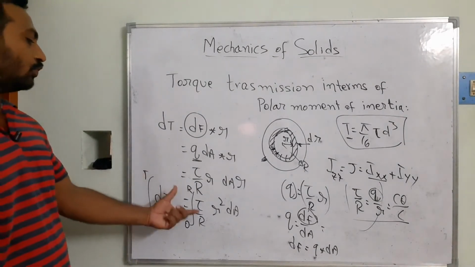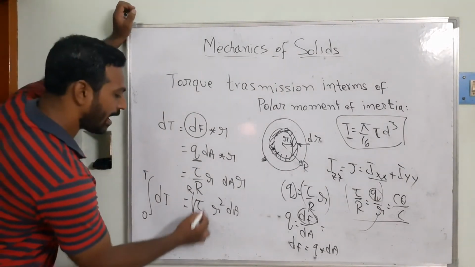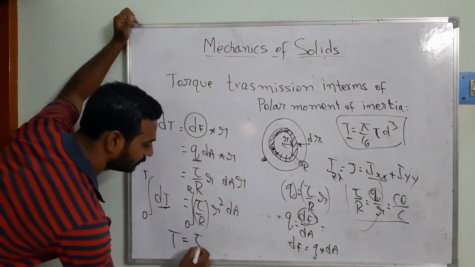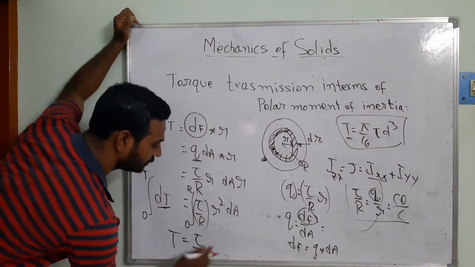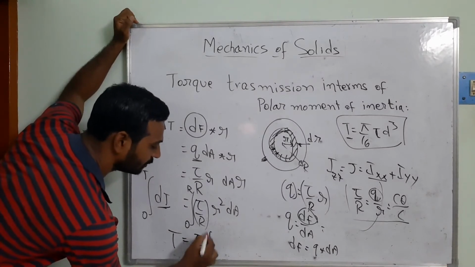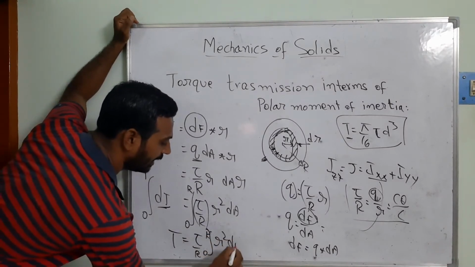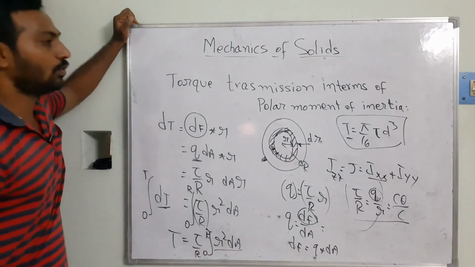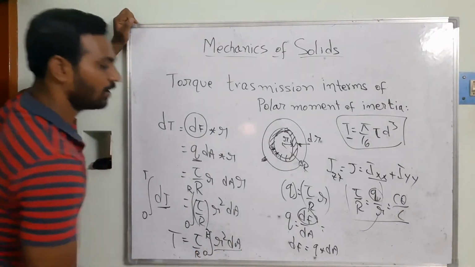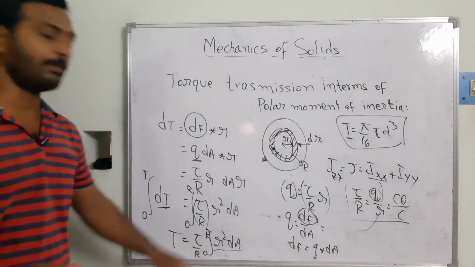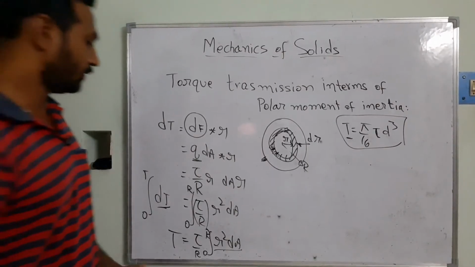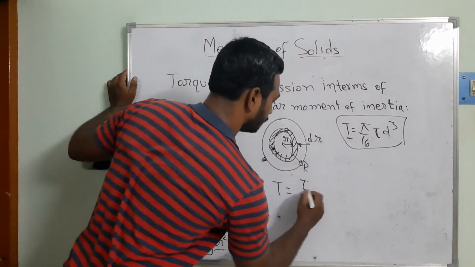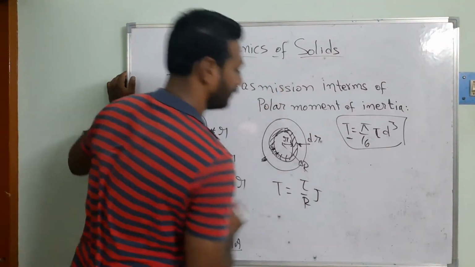Once I substitute in this equation, tau by R is a constant, and this becomes T. T is equal to tau by R times the integral of r squared dA. We know r squared dA integrated is called the polar moment of inertia. So T is equal to tau by R into J.